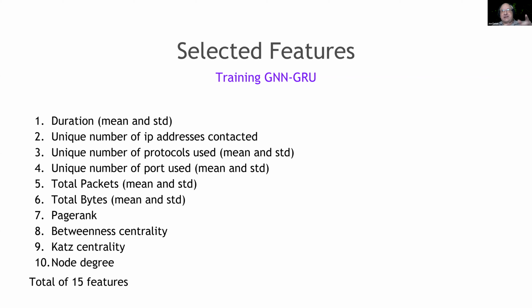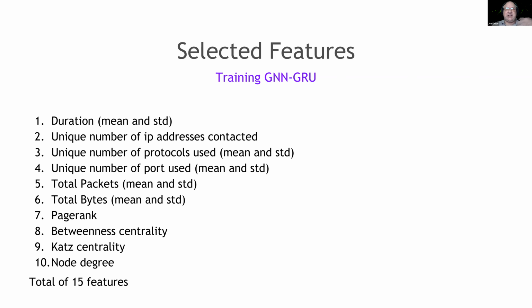So I've got an internship that just finished and just presented today at NVIDIA on training a graph neural network and a gated recurrent unit hybrid to learn temporal data as a graph, as the netflow graph changes over time, to identify botnets that are hiding in a given network. And this is the set of features we used.